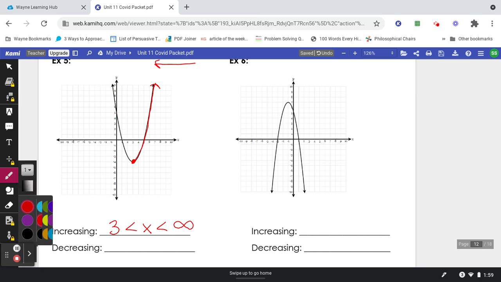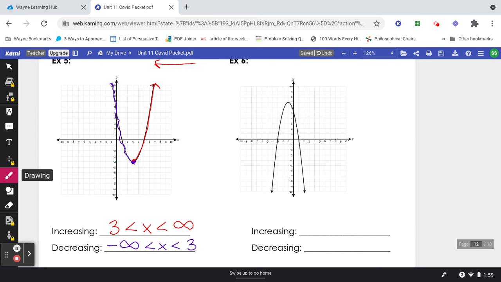Okay, then where is it decreasing? It's going to be decreasing from forever all the way until 3. Because you have that arrow on the left, you can say negative infinity. Put your symbols on, and all the way to 3. All right, let's do the next one. Increasing from here all the way up.